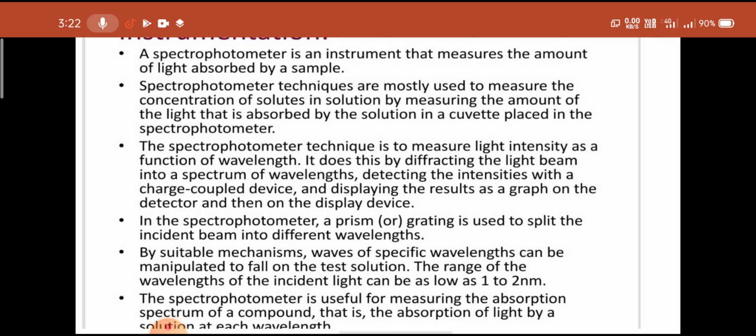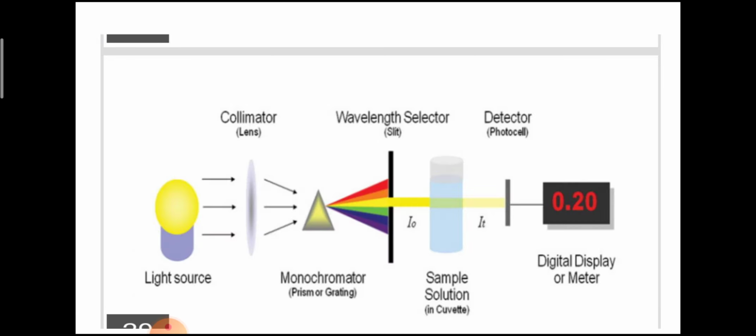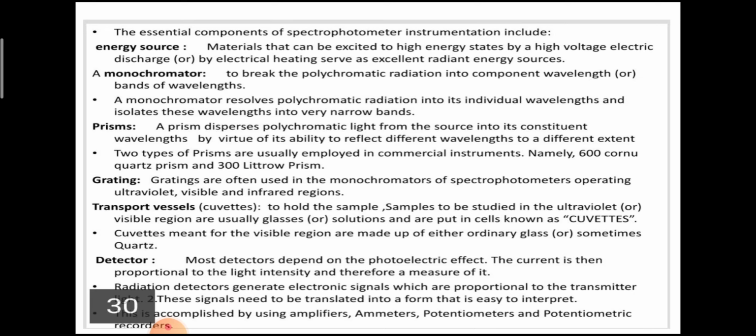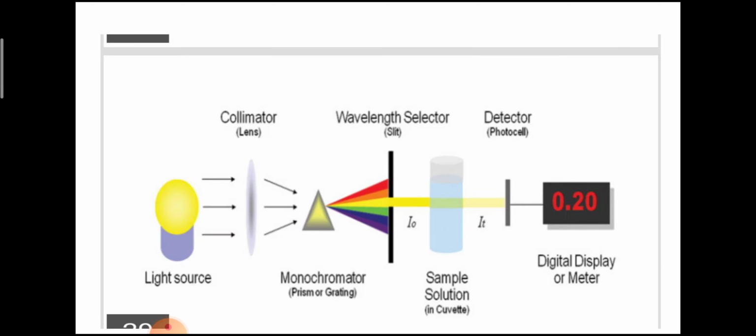The spectrophotometer is useful for measuring the absorption spectrum of a compound, that is, the absorption of light by a solution at each wavelength. It is a single beam spectrophotometer.